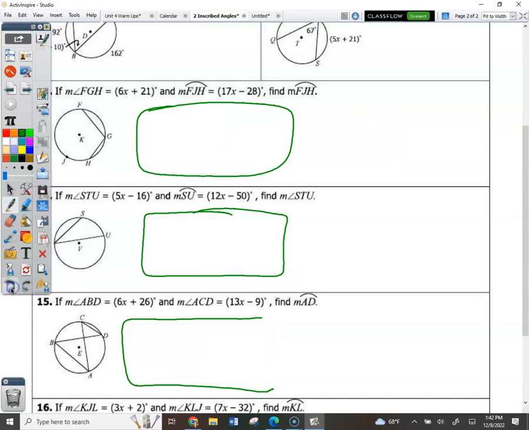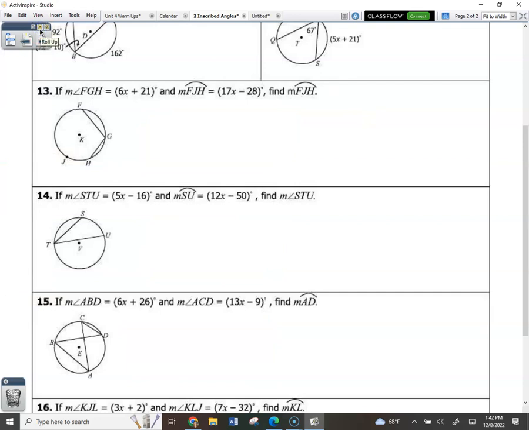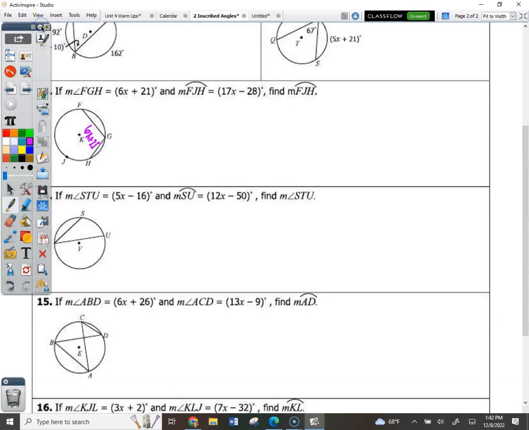Now let's work 13. It really helps to label your picture. They did not label any of them. FGH. F to G to H, the angle, is 6x plus 21. This is really hard to label on this board.